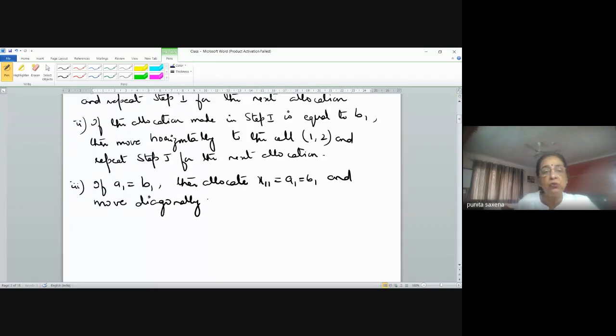So we move diagonally to the cell 2, 2. That means we now look at the second source and the second destination, because both the first source and destination are exhausted. Then we again repeat step number 1 for the next allocation.